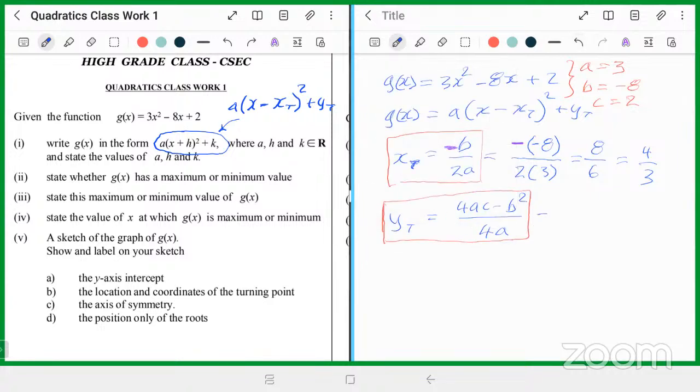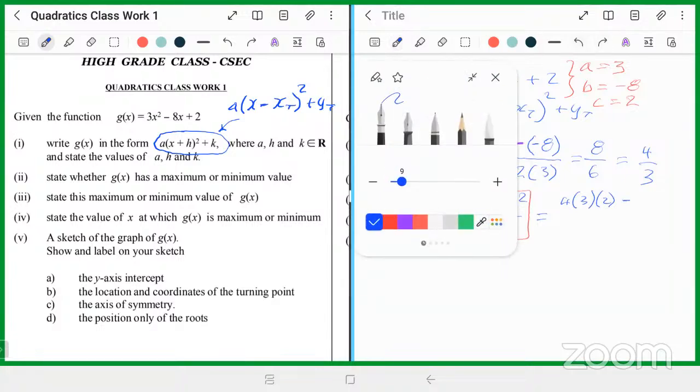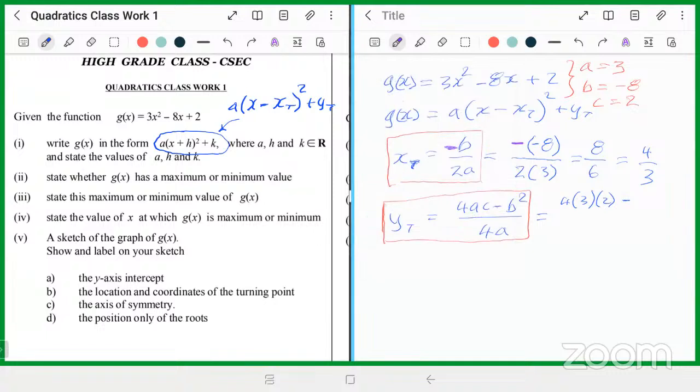So that becomes equal to 4 times the a. Remember the a is 3 up here. The a is 3. Times the c. The c is 2. Minus, that's this minus that I'm placing here. So again, to highlight that minus, I'm going to put it in purple. This minus is this one.